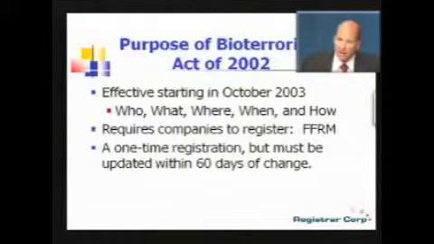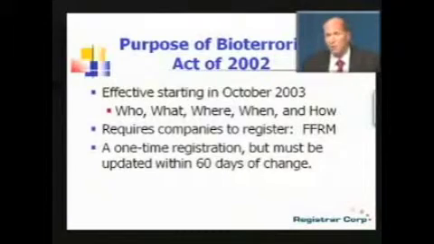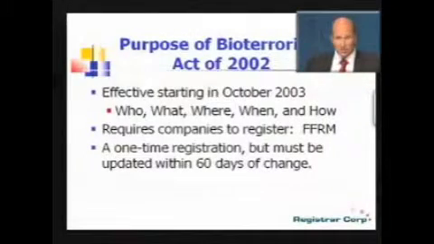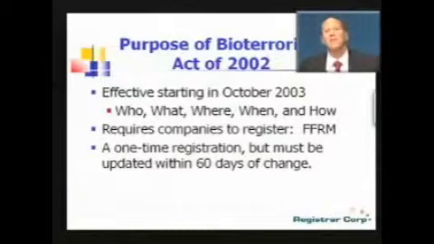So if you've indicated to FDA that you're producing seafood and then you launch into a produce line as well or some other type of processed foods, you need to update your registration. If the contact details for your facility have changed and your production manager who's listed in your registration as your emergency contact is no longer in that location, then that information needs to be updated as well.